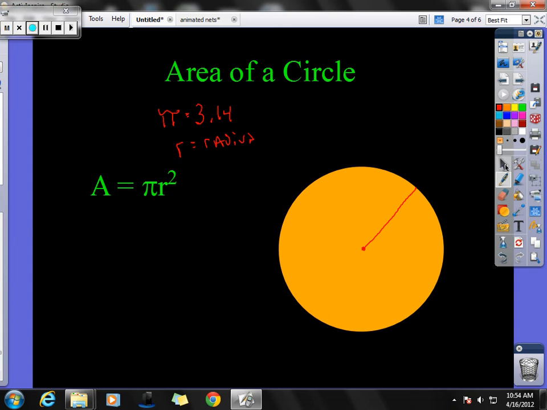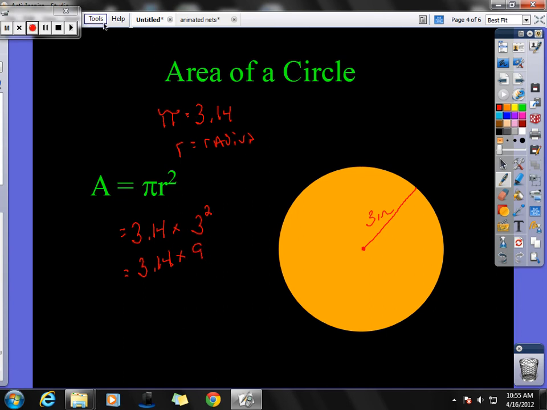So in this example, if the radius here was 3 inches, and we're trying to calculate the area of this circle, I am going to take pi 3.14 times my radius, which you said was 3 inches, but I'm going to square that, and then using order of operations, I do my exponents first. 3 squared means 3 times 3, which is 9.